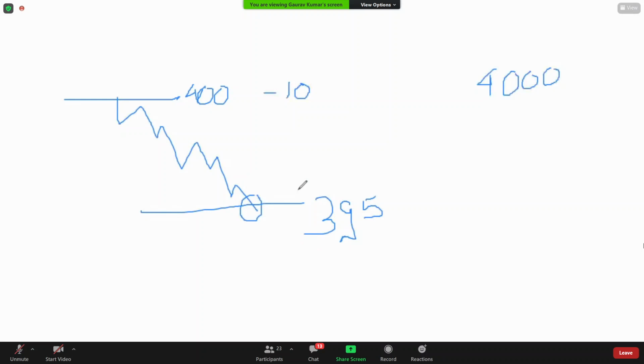And you have bought back these shares at 395 rupees, that is 3950. The difference is your profit.